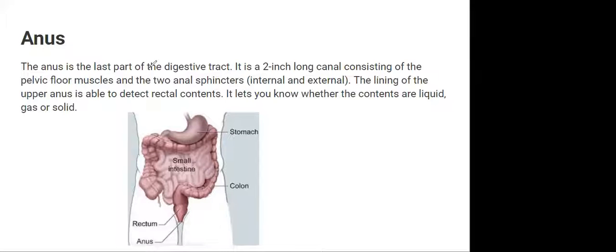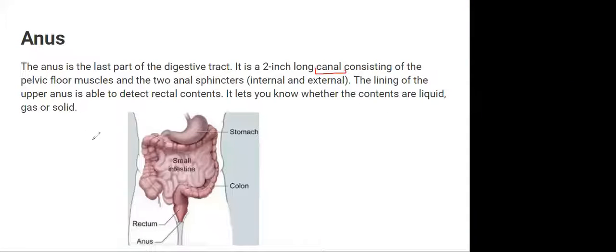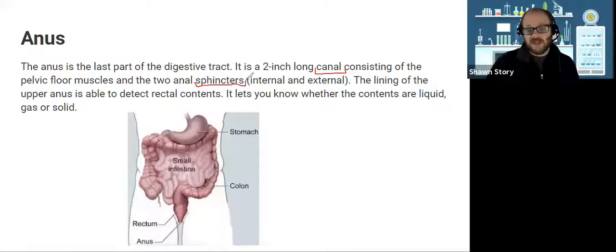Anus. The anus is the last part of the digestive tract. It is a 2-inch long canal consisting of the pelvic floor muscles and the two anal sphincters, internal and external.